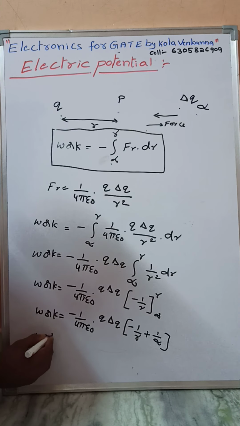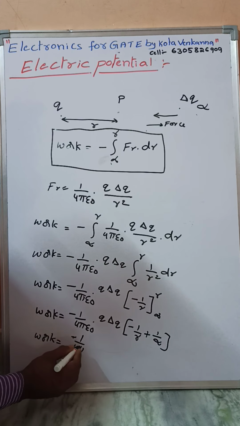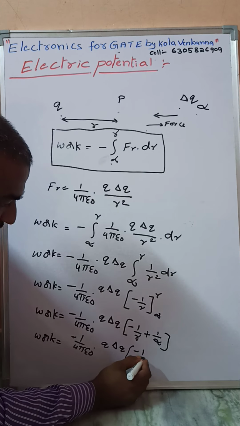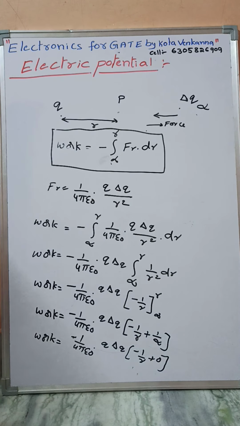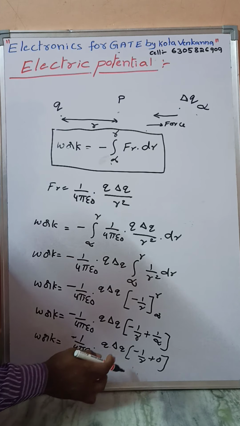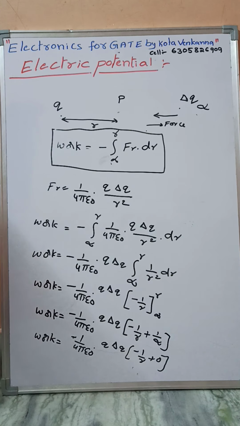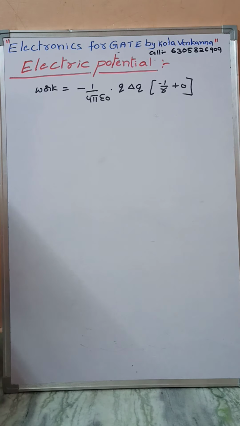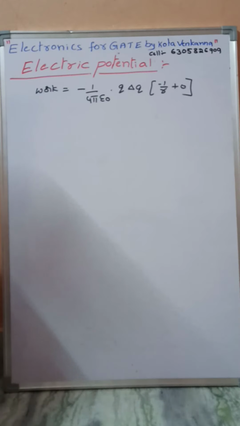So that's why work is equal to minus 1 by 4 pi epsilon naught q del q of minus 1 by r plus 0.